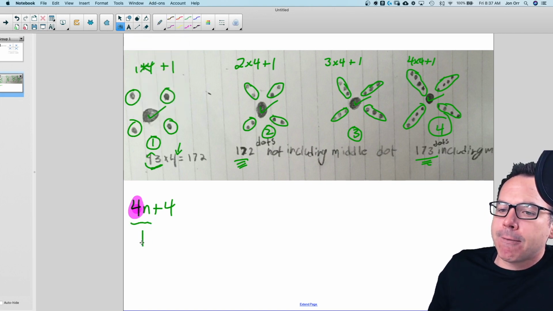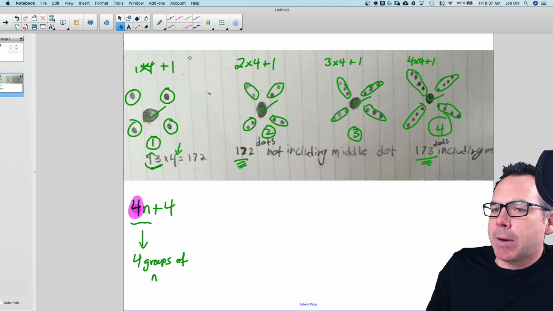So right here, we've got 4 groups of n, of the stems. Okay. We get that. I think that makes sense. If you look at my calculations up here, we definitely multiplied n by 4 every time. Like, every time n was a number, we multiplied it by 4, just like you did.